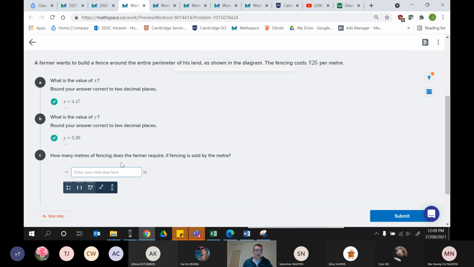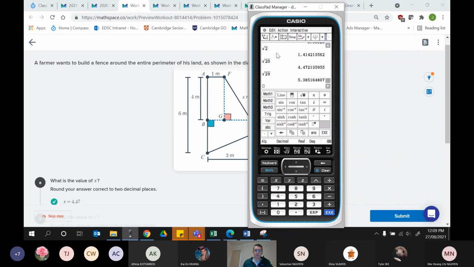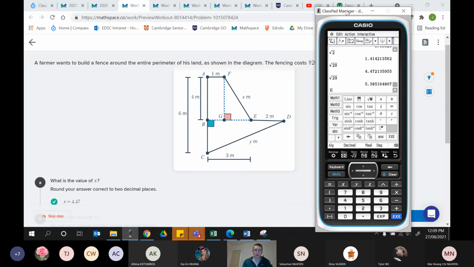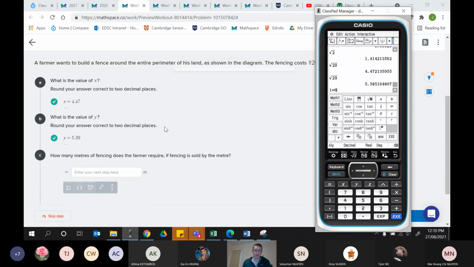How many meters of fencing does a farmer need if fencing is sold by the metre? Okay, let's add that up. So I'm going to go with 1 plus 6. So I'm kind of starting here. I'm going to go around. Plus Y. What was Y that we said?